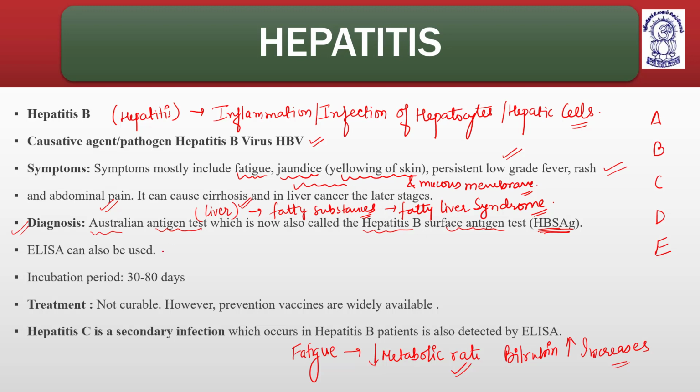Then ELISA can also be used either for screening or for confirmation. The hepatitis B surface antigen test is done for screening, and for confirmation we can do ELISA. Incubation period is 30 to 80 days. For this many days the virus can live in the body without causing any known symptom. Understood?